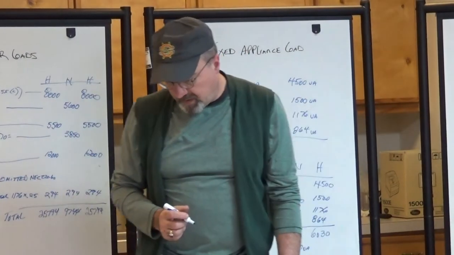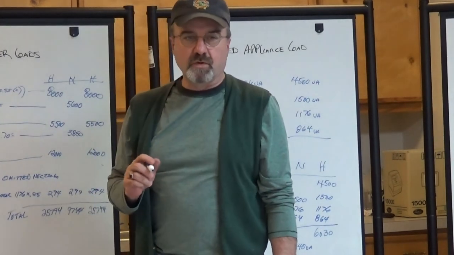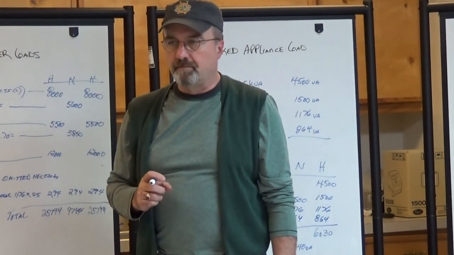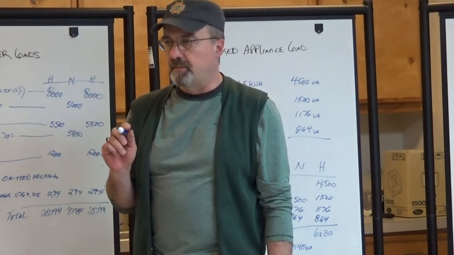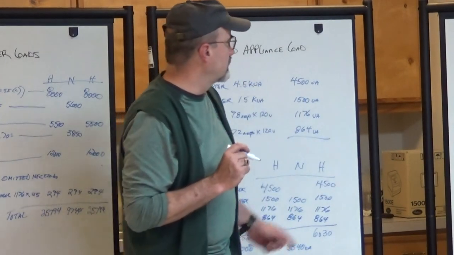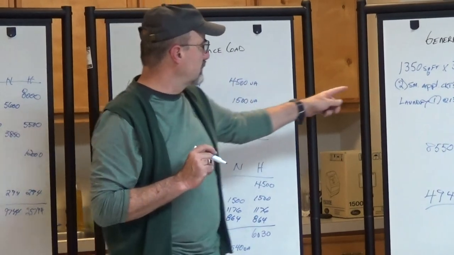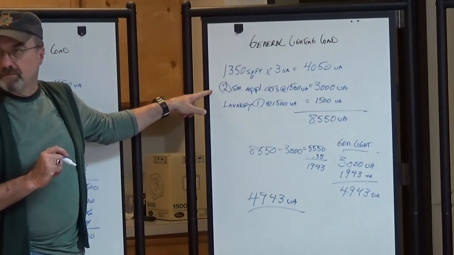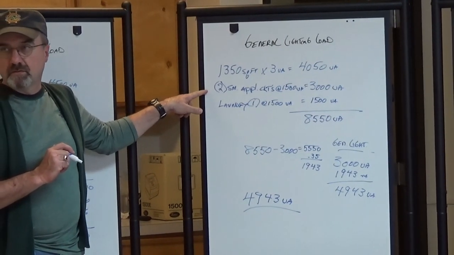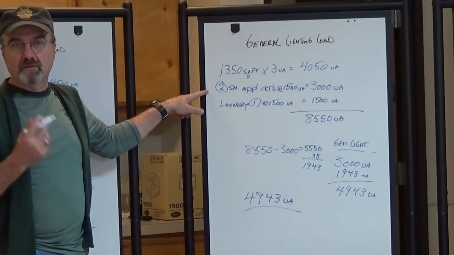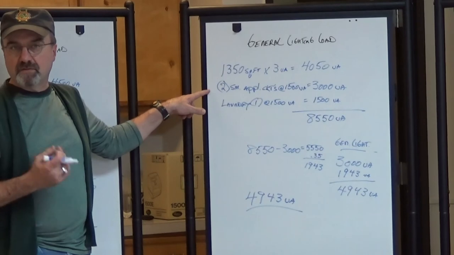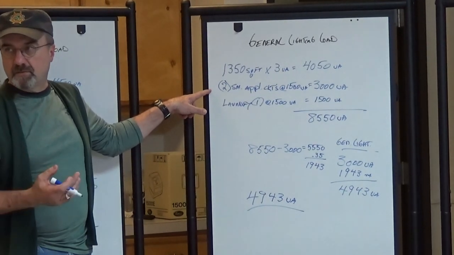What else do we have? We have the small appliance circuits. What does the code require us to install in the kitchen? Two 20 amp small appliance circuits, for your electric skillets, blenders, toaster ovens, and all.